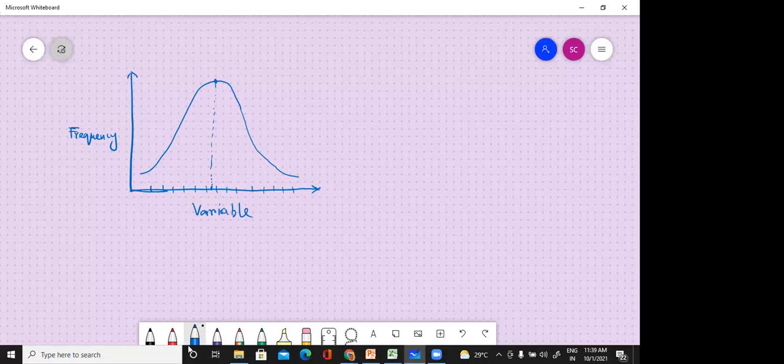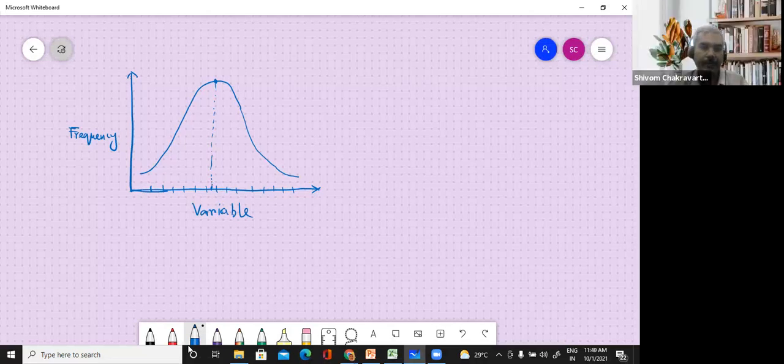Of course, we are talking about frequency and probability, so we have to keep that in mind. So this peak will correspond to the mean in symmetrical data, or data which has a symmetrical graph.